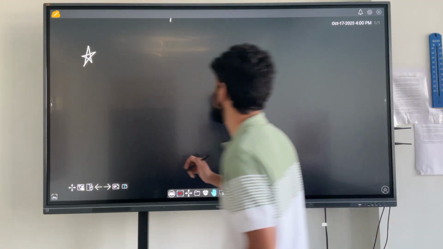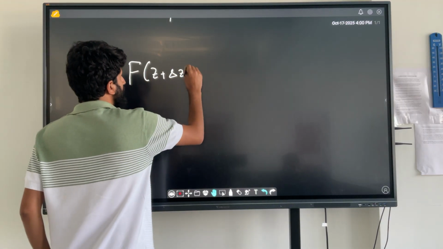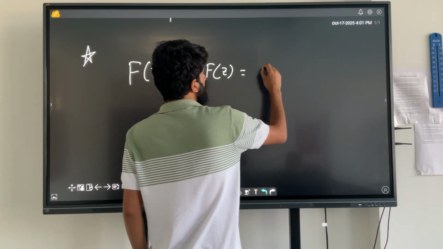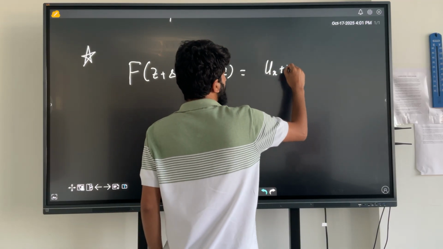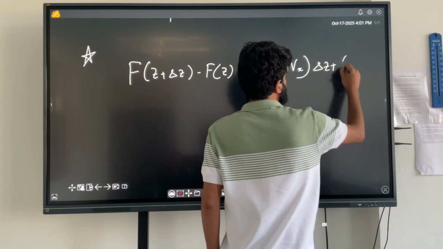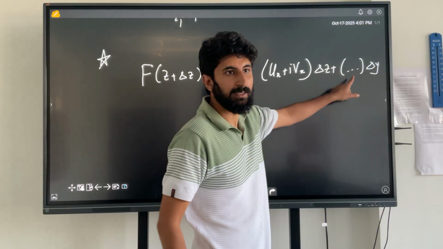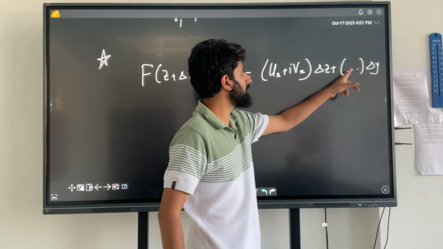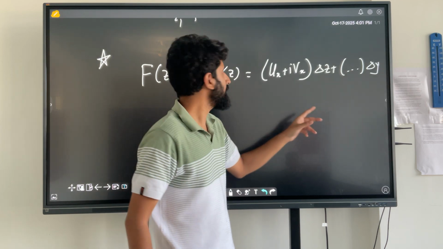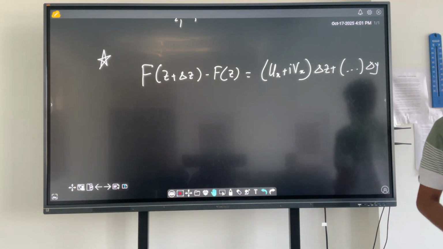Going back to the change of the function, f of z plus delta z minus f of z, remember, this was equal to u_x plus i v_x times delta z plus something times y. There was something in the brackets, and I insisted that if the something in the brackets vanishes, then I will be able to define a derivative which is direction independent.